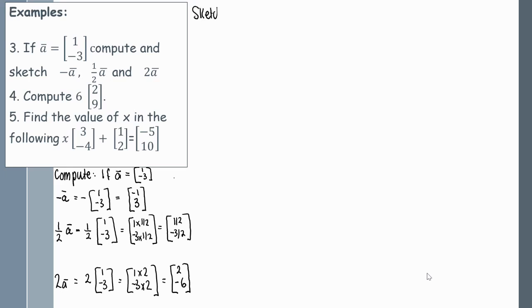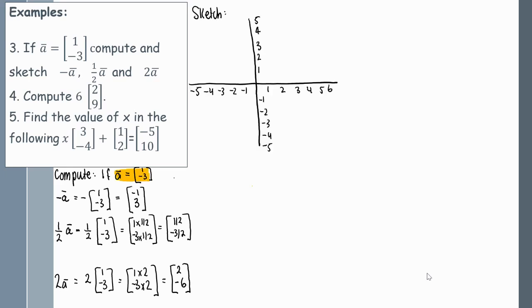The second part of the question was to sketch this. I've put the vector A in, which is 1 across and 3 units down. Negative A, in a different color, is (-1, 3), so you go left 1 unit and up 3 units from the origin. Notice that when you have -1 times a vector, this does something geometrically to the vector.